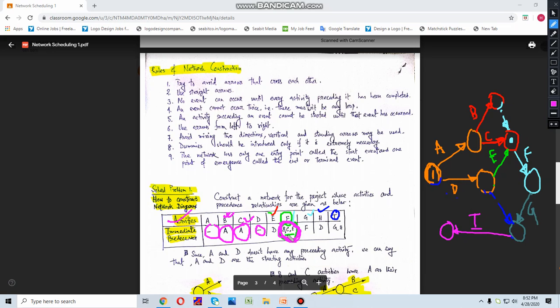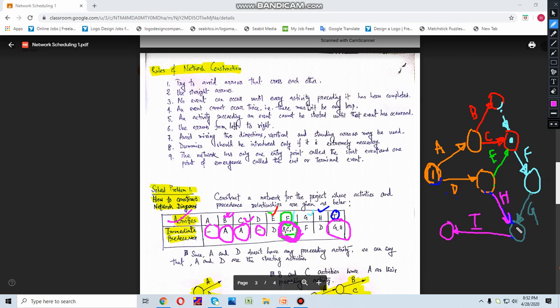So if there is a condition like this, B, C and E are the immediate predecessors of A, then you have to understand this B, C and E have to be merged together. Somehow they have to be merged together. Similarly, there is a condition here, G and H, they have to be merged together. I have just forgotten to write H here.